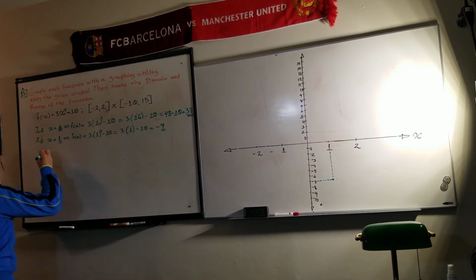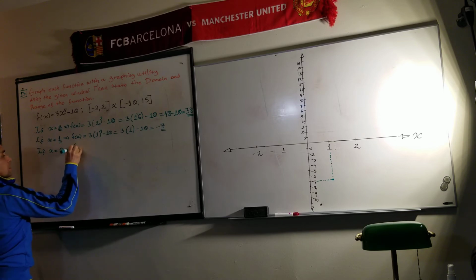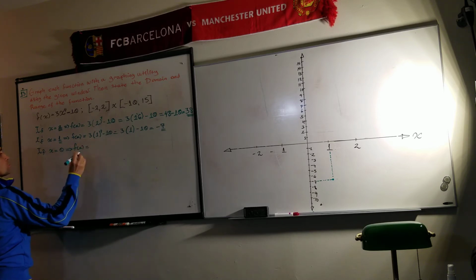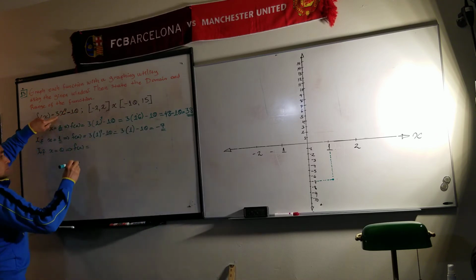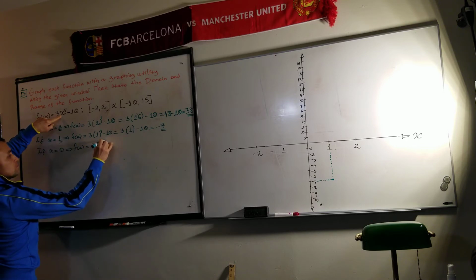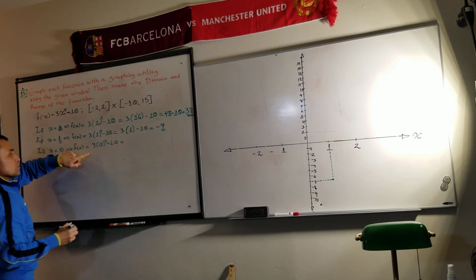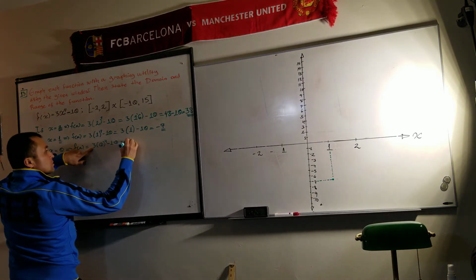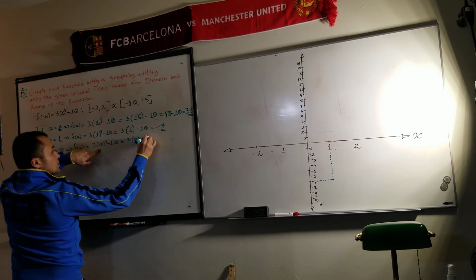Let's see what happens if x is equal to 0. Then we are going to have that f of x will be equal to 3 times 0 to the 4 minus 10. And this will be equal to 3 times 0 to the 4, which is 0, minus 10.